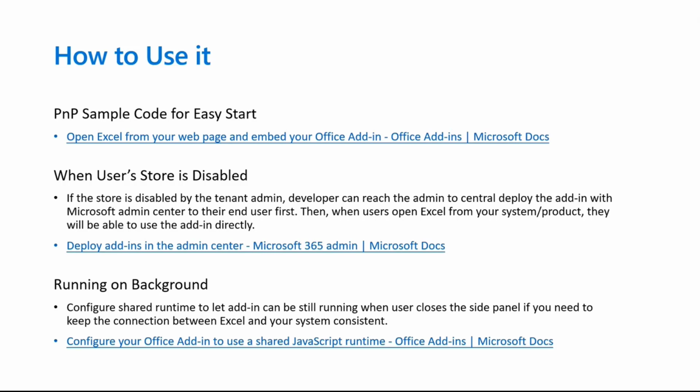When you enable this functionality, when the user closes the task pane, your add-ins will still be running in the background. So these are two common situations that developers might run into.